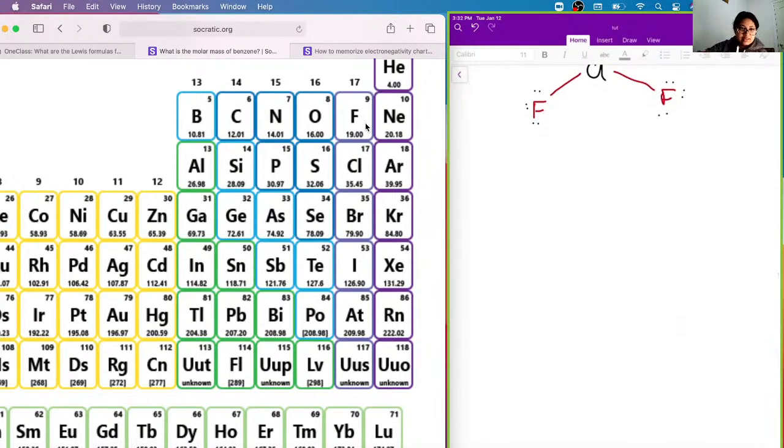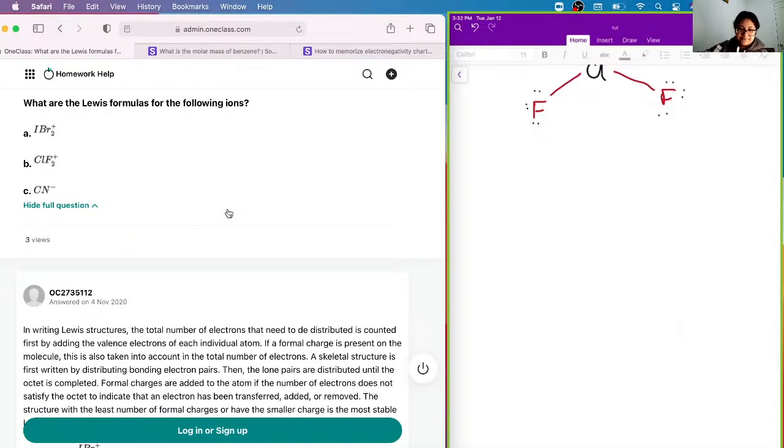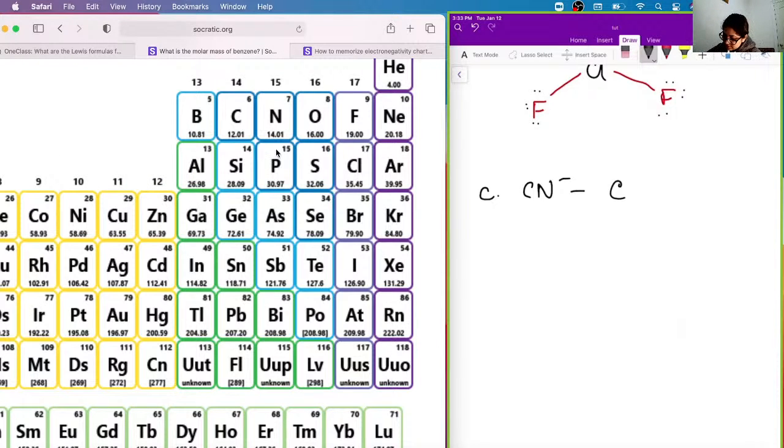And lastly, we have cyanide. Okay, so let's find the total number of valence electrons. Carbon has 4 valence electrons, and nitrogen has 5.